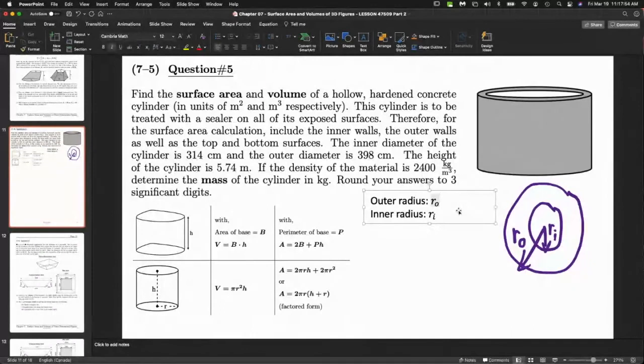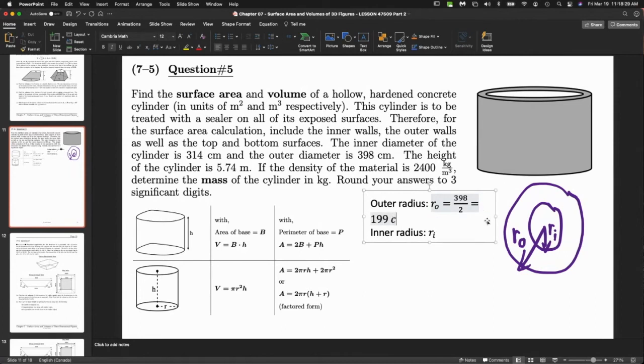The outer radius is RO and the inner radius is RI. So I'm going to just put down the numbers here. These should be quick for everybody, hopefully. It says here that the inner diameter is 314 and the outer diameter is 398. So the outer radius is 398 divided by 2, which in this case is 199. Sorry, I'm just reading ahead in my own personal notes.